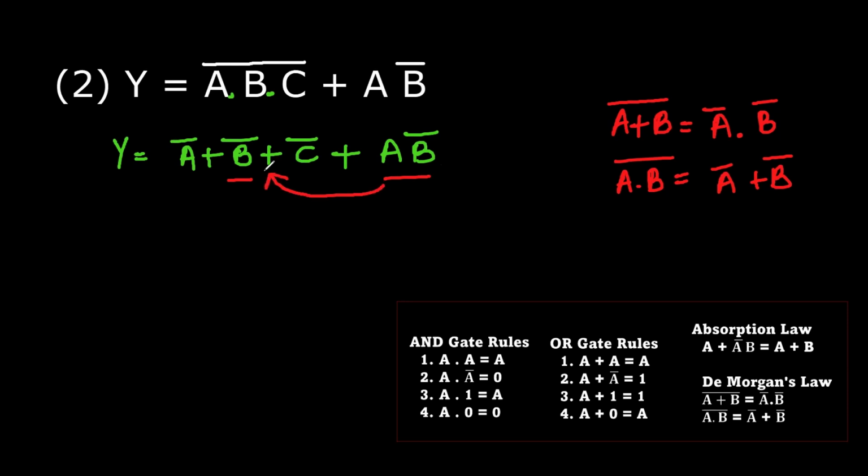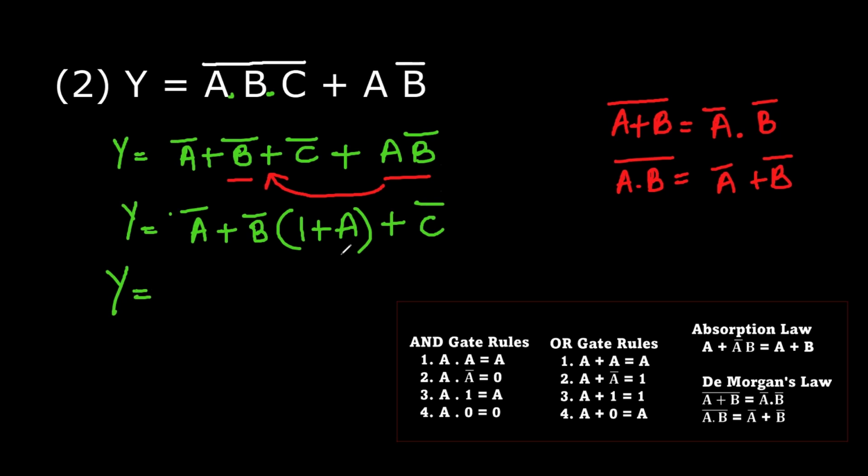Just take this over here and write it down as Y equals not A plus not B, which is the common term, times 1 plus A, because this is for the B not that you got from over here, plus not C. So now you're left with 1 plus A, which is also A plus 1, or 1. A or 1, which is given in an OR gate rule, gives us 1. So you see that the resultant of this is just 1.